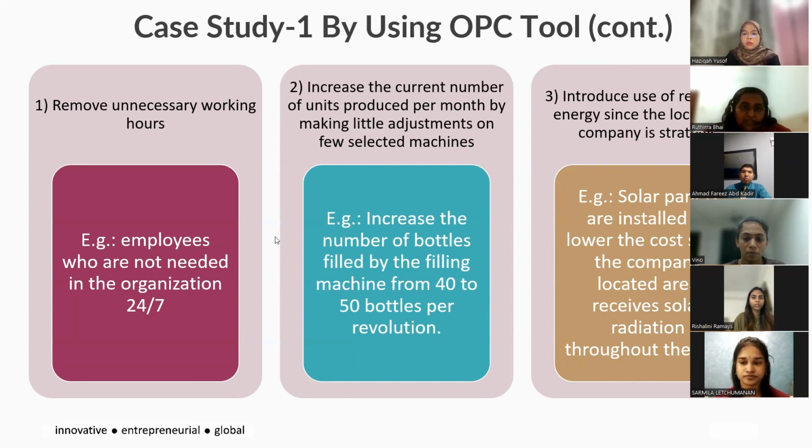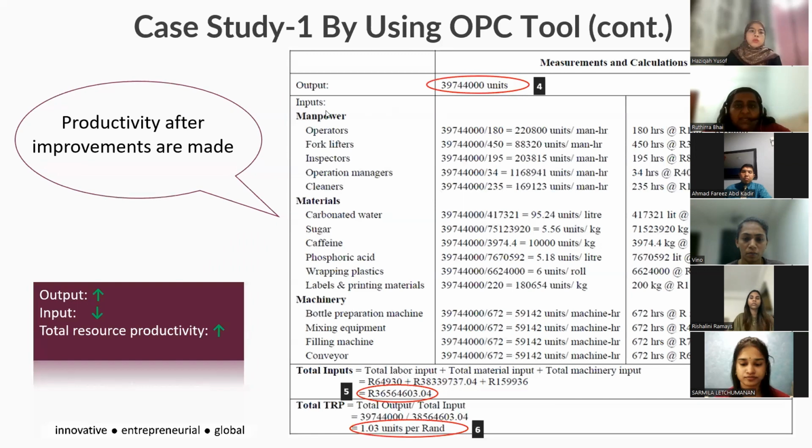After all these changes were made, they realized their output itself had increased to 39,744,000 units of product, and the input had decreased to over 36 million, where initially it was over 41 million, and the total resource productivity increased to 1.03 units per rand.